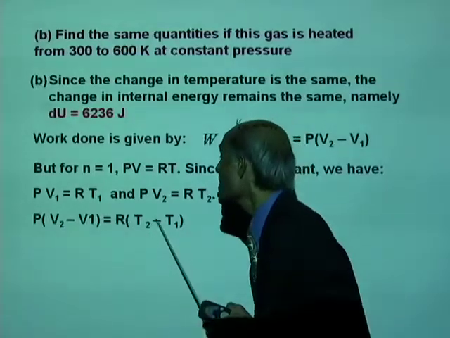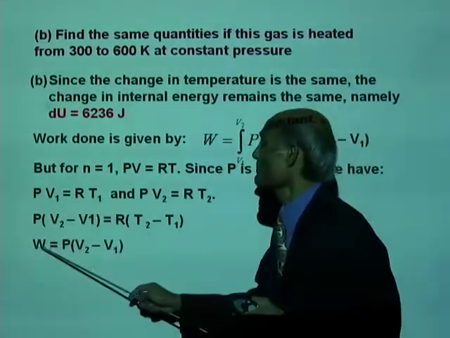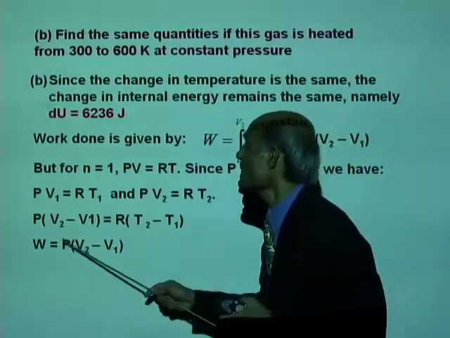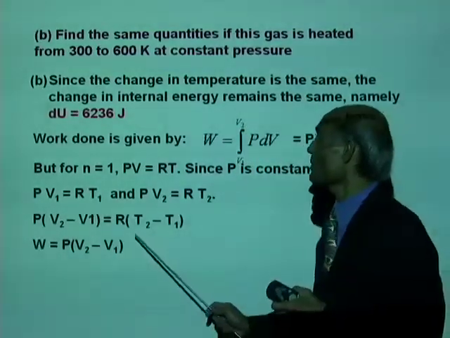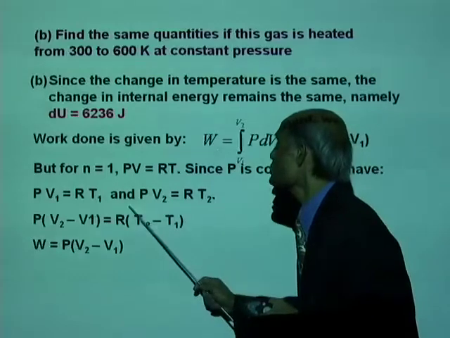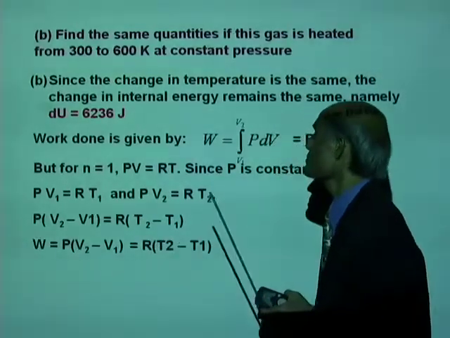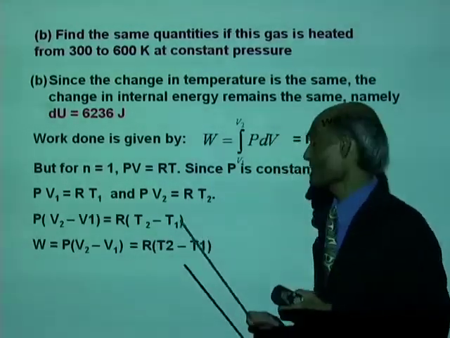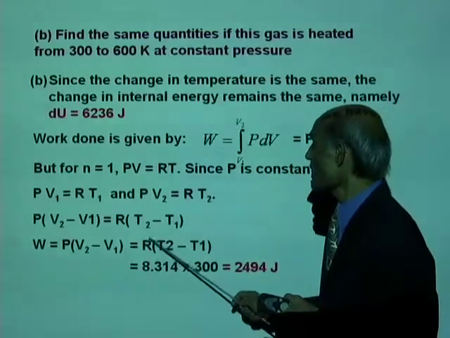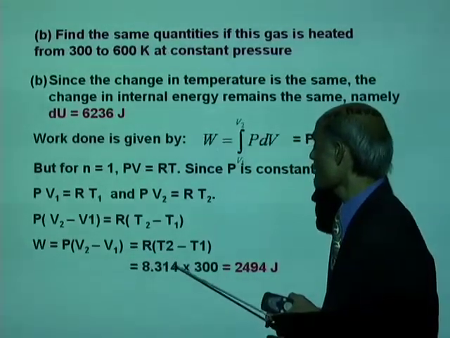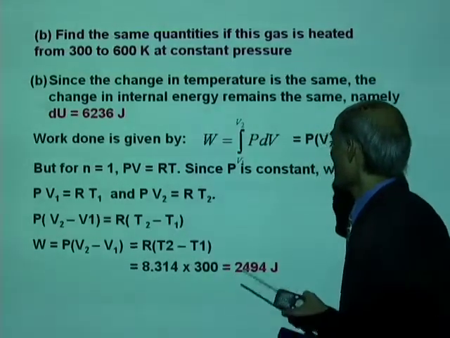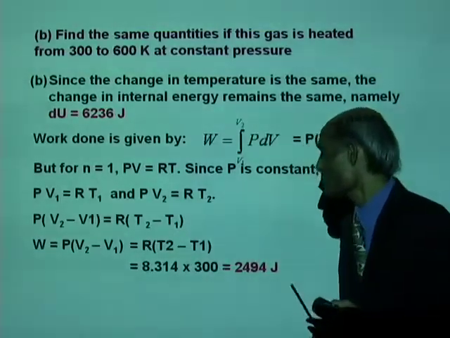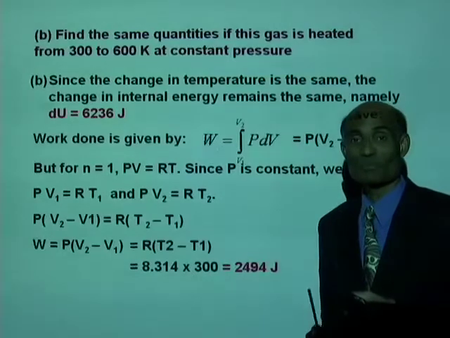Now, you know these quantities. W, the work done, equal to P times (V2 minus V1), which is the same as R times (T2 minus T1). And we know those quantities. R is 8.314 times (T2 minus T1) is 300, and that is 2,494.